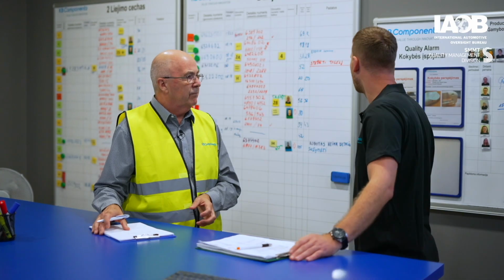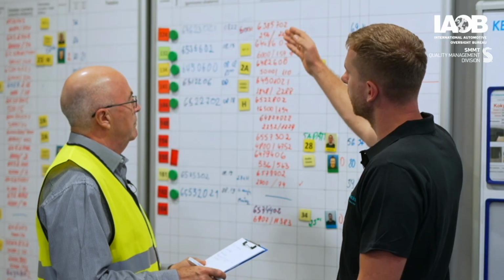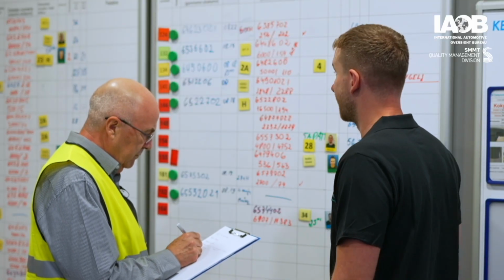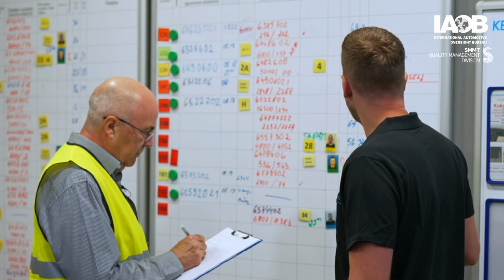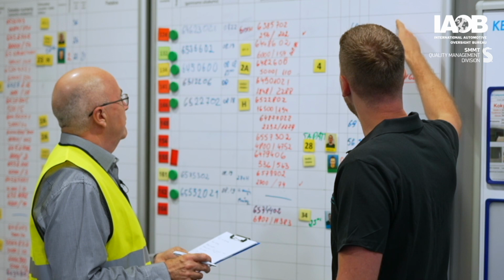Okay, so I'll make a note of that and we'll follow up on that in a few minutes. What about the more daily type of risk that you're dealing with? How do you track those? Well, we are tracking those with the help of our boards, information boards. So here we have a track of every machine that is running and is planned to be run. So if we have any problems, we can write it here on the board.